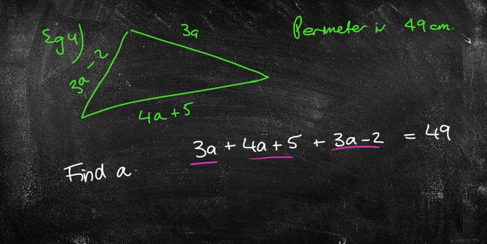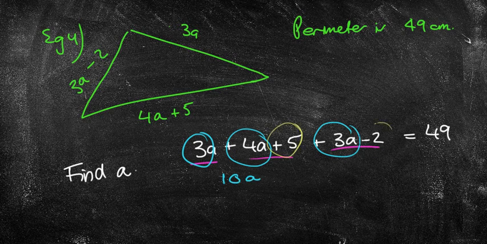Now I'm going to do my like terms. So I've got 3a plus 4a, which is 7a. 7a plus 3a is 10a. I've now got some numbers. I've got plus 5 minus 2, which is plus 3. And we know that the answer equals 49.